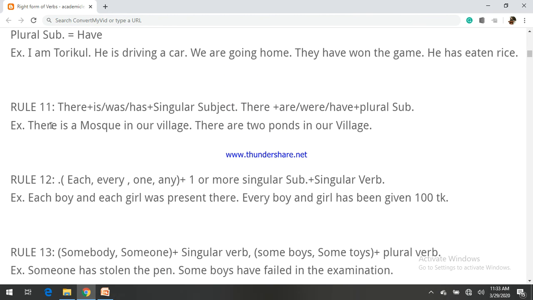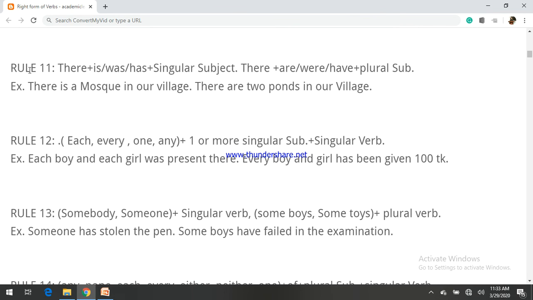Again, rule number 11: there is. There plus is, was, or has plus a singular subject. That means after there you have to add is, was, or has if there is a singular subject, but you can use are, were, or have if there is a plural subject.